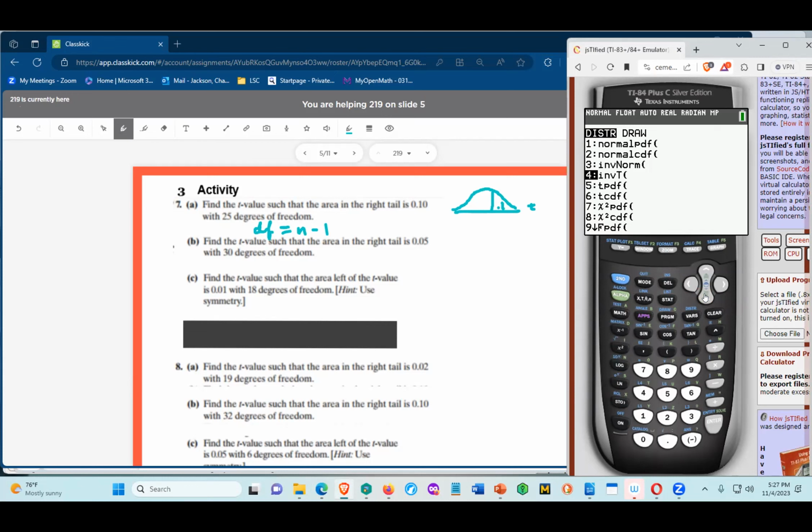Now, if anyone's watching this and you're using the TI-83, the TI-83 does not have inv t. So if that's an issue, you either have to use a table or you have to kind of work the problem backwards to figure out what t is, which is a pain, but it can be done.